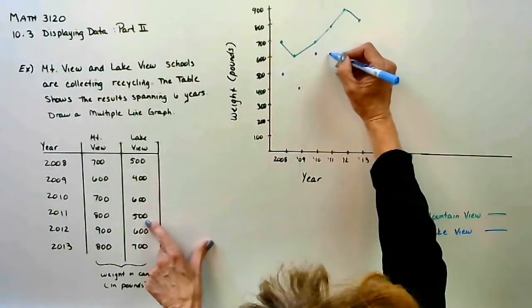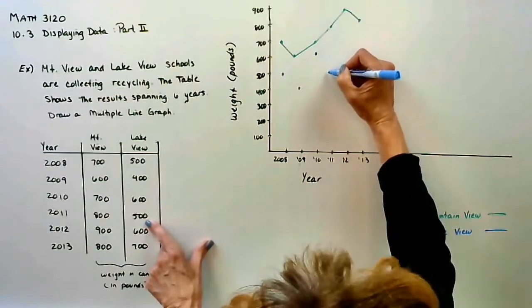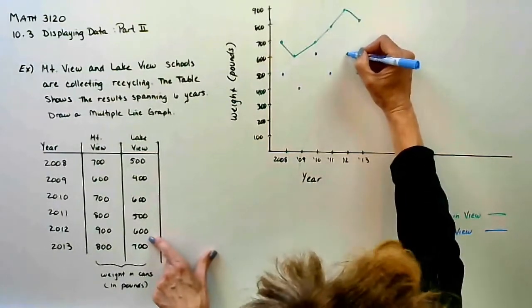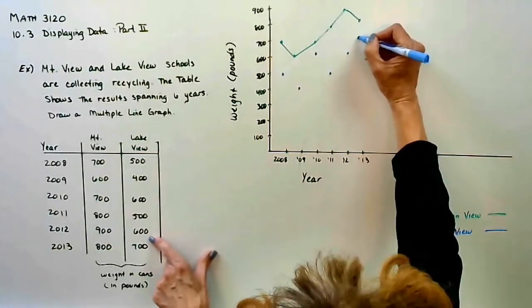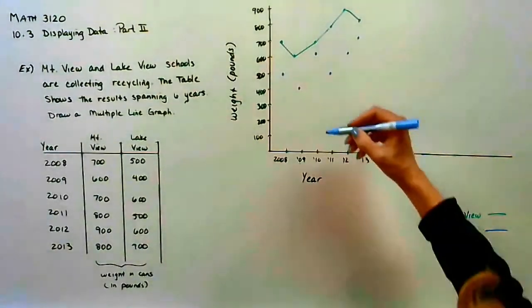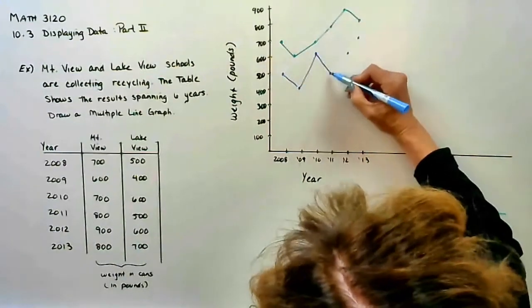I'm going to go back and do the same thing for Lake View. 2008, 500, then we went 400, 600, and if they run into each other, that's fine. If they cross over each other and intersect, that's absolutely fine.